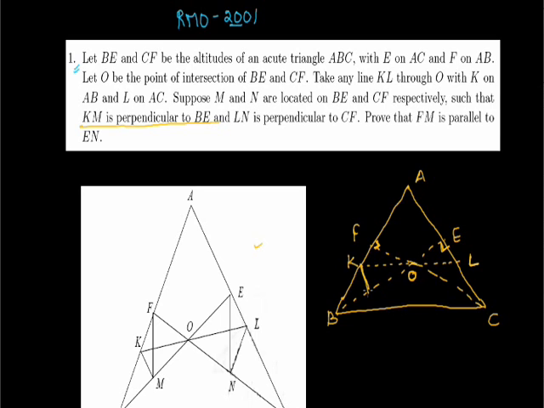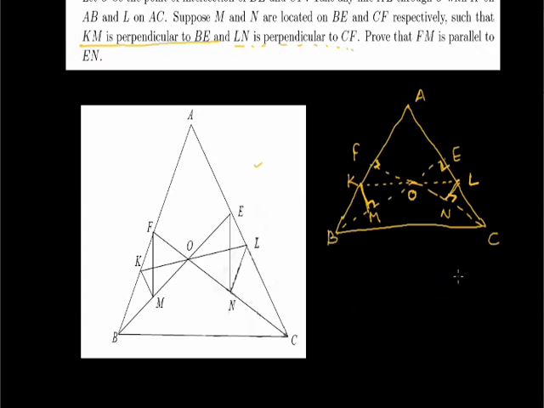So I'll be marking this KM which is perpendicular. So this is 90 degree. Similarly LN, ये LN मैंने ड्रॉ कर दिया है जो कि नेक्स्ट लाइन में कहा गया है is perpendicular to CF. This is my CF और ये हुआ perpendicular line. Original diagram shows like this.